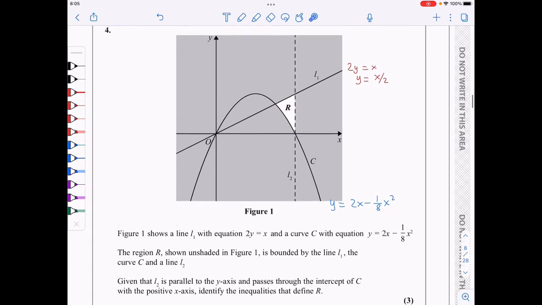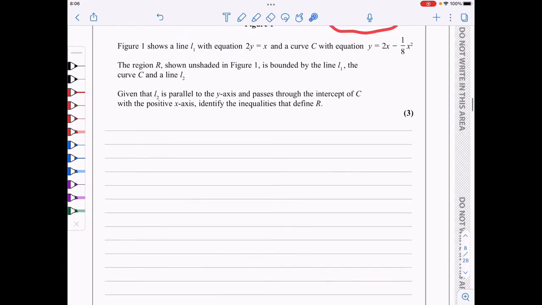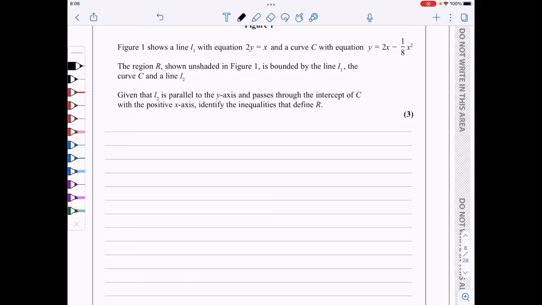So I will start by finding the equation of L2. Now L2 has an equation of the form x equals a number. I need to find this number, which is just the cut here on the x-axis. So I will start by setting y equal to 0 because it's a cut on the x-axis. So 2x minus 1 over 8 x squared is equal to 0.